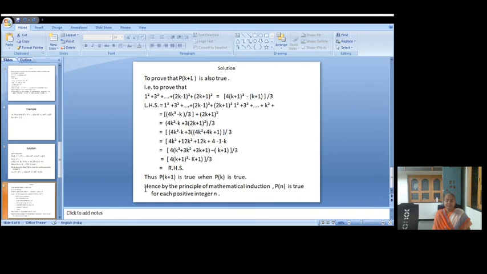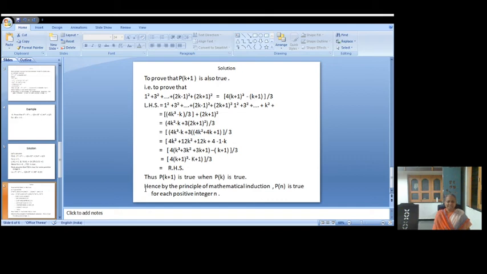Now here, to simplify this part, we first take the LCM, means the LCM is 3, and hence we get 4k cube minus k plus 3 in bracket 2k plus 1 bracket square whole divided by 3 is there.